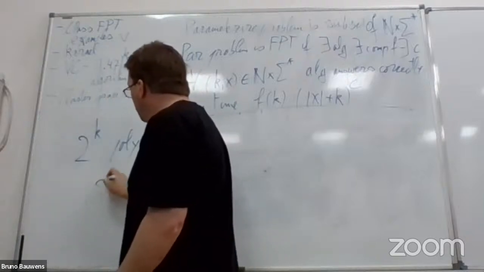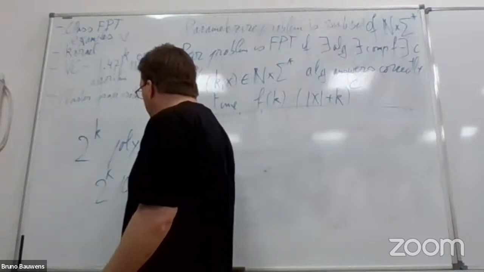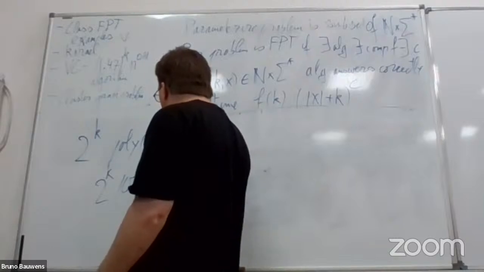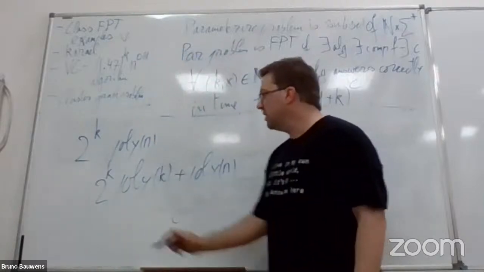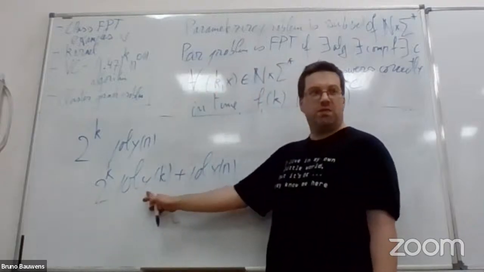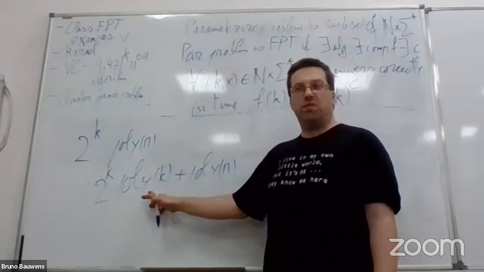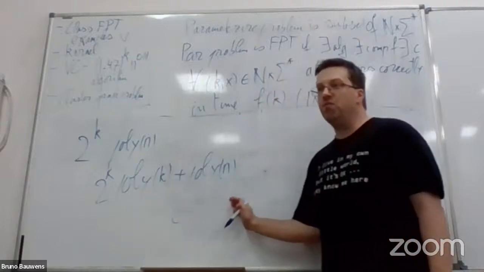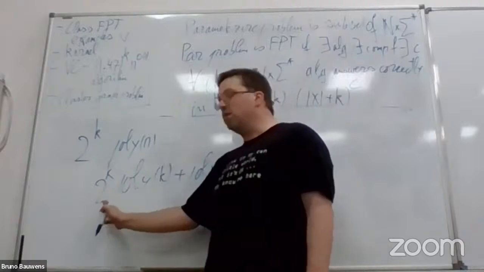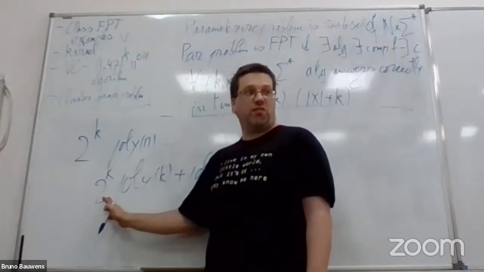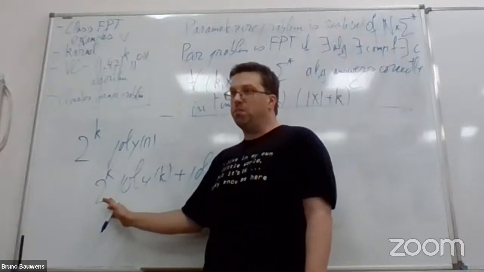And now we will improve to 2 to the power k poly k plus poly n. So the exponent only becomes proportional to polynomial k. It's only a small improvement, but we will also expand this technique to decrease the exponent, not for vertex cover, but for many other problems.